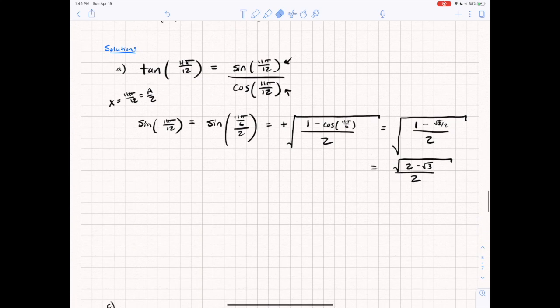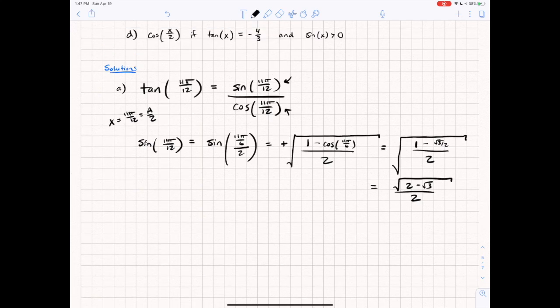Now I want to find cosine. It's not letting me erase that. Okay, there we go. I just want to get it out of the way. Let's do cosine now of 11 pi over 12, and then we'll construct our answer for tangent. So this would be cosine of 11 pi over 6 divided by 2.